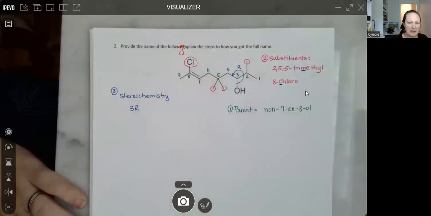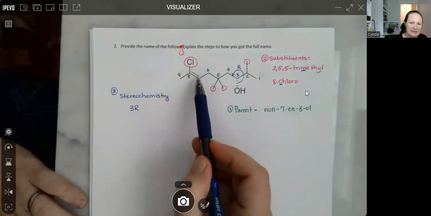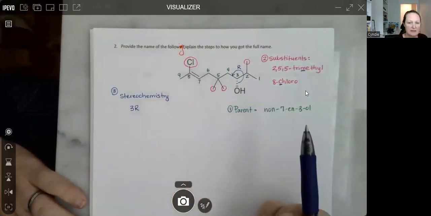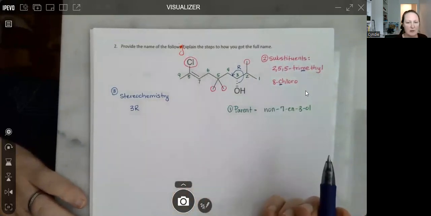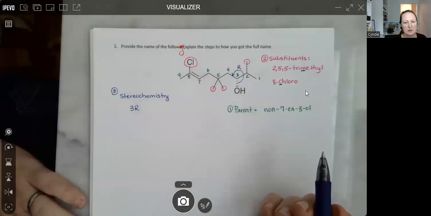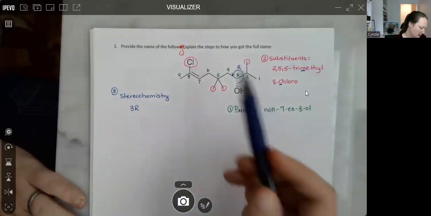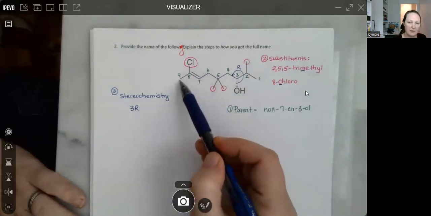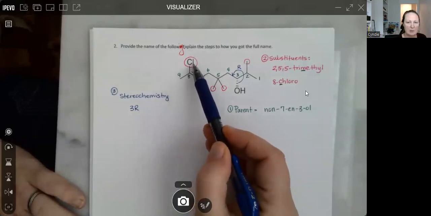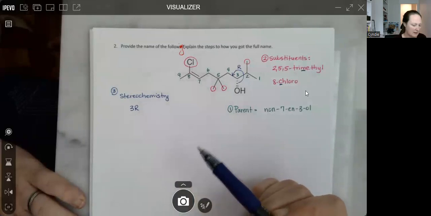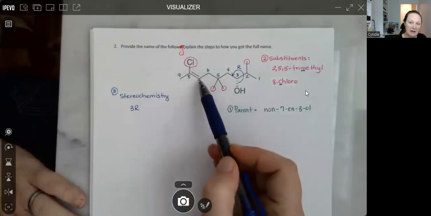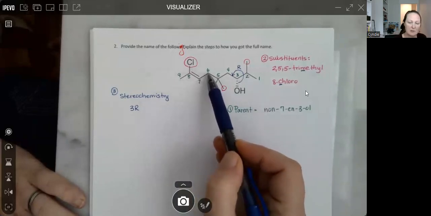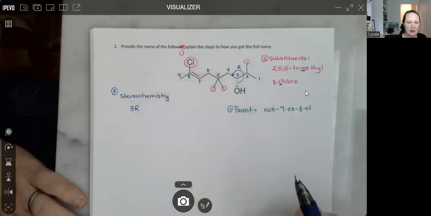And then for the alkene, right, we want to come over here and look and see, is this E or Z, right? So in order to determine if it's E or Z, we want to look at priority groups attached to the same sp2 hybridized carbon. So between chlorine and methyl, right, chlorine has a higher priority than carbon. So this group would have priority. And then between hydrogen and carbon, the carbon would have priority.